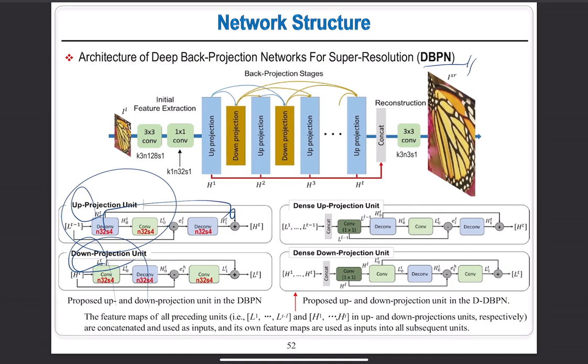As shown here, this makes the network memorize some kinds of errors. And what makes DBPN special is iterative refinement. Each projection unit not only generates new features but also learns from the previous stage, as shown here and here, to improve the reconstruction accuracy over time.